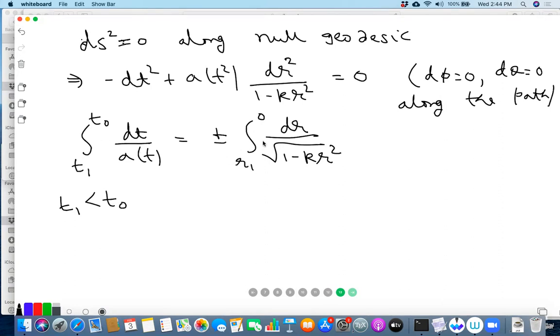This integral is negative because it's running from r1 to 0. So that basically tells us that you have to choose the minus sign. This is the correct sign. And then you can also write this as the integral from 0 to r1 dr over square root of 1 minus kr squared. Is this clear?